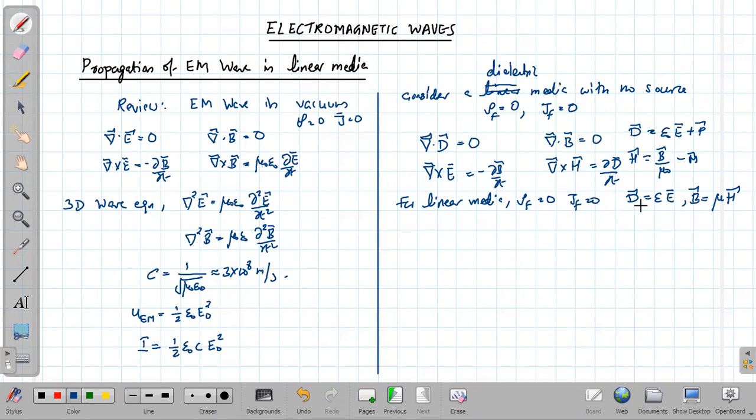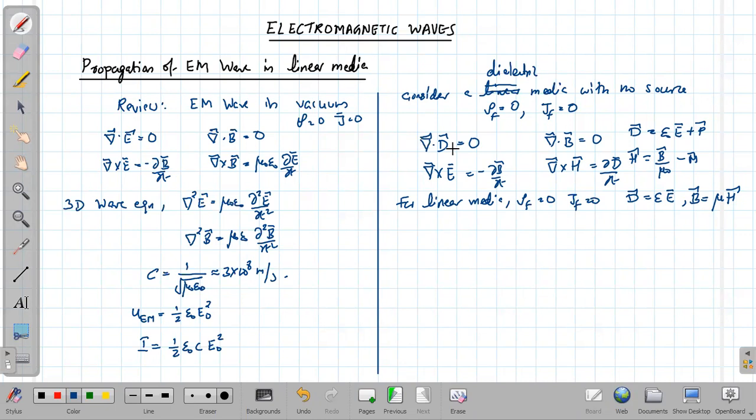In case of linear media, the electric displacement can be written as epsilon times E, where epsilon is called the absolute permittivity, and B can be written as mu times H, or H can be written as B by mu, where mu is called the absolute permeability. Then we can rewrite our Maxwell's equations.